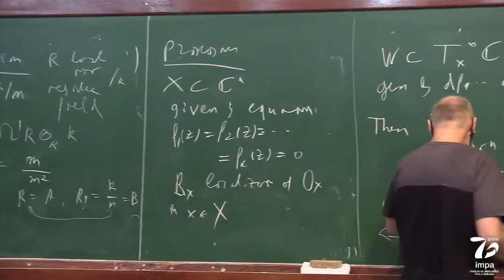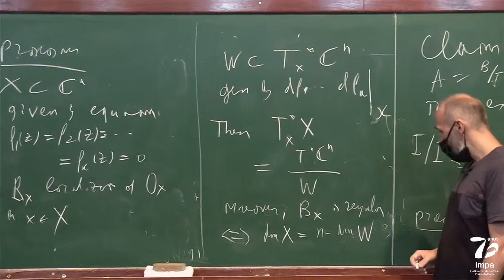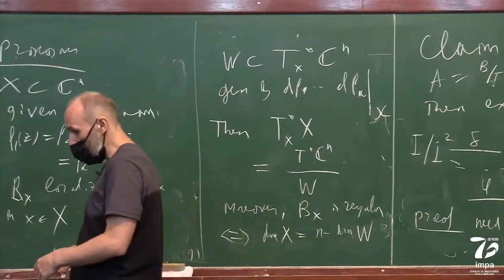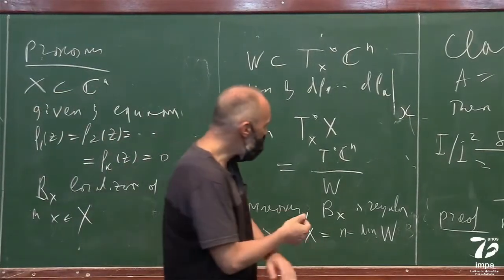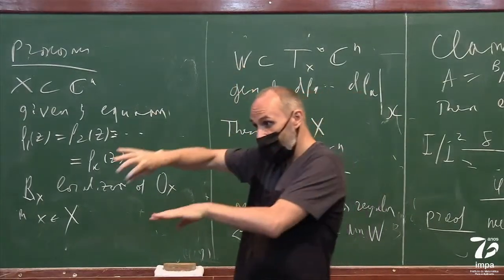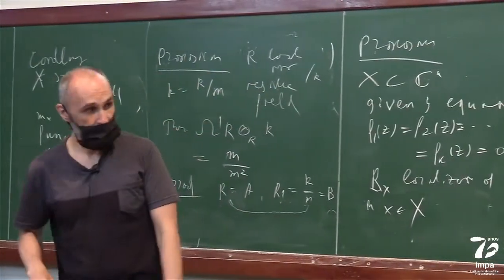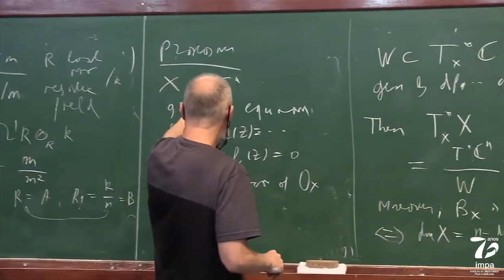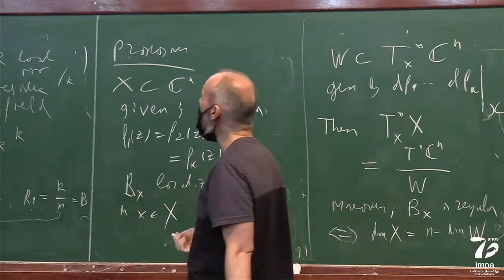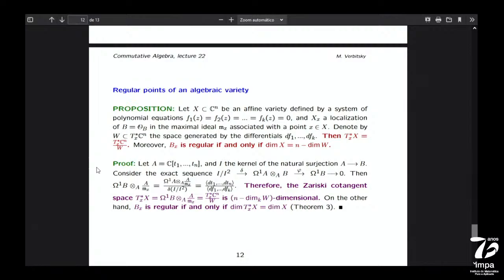So this condition is pretty much the same. It gives you linear independence of these differentials, which is the same as surjectivity of the corresponding differential map to Cn. So if we prove this proposition, we really prove that regularity is the same as smoothness. So let's prove it. Am I clear?